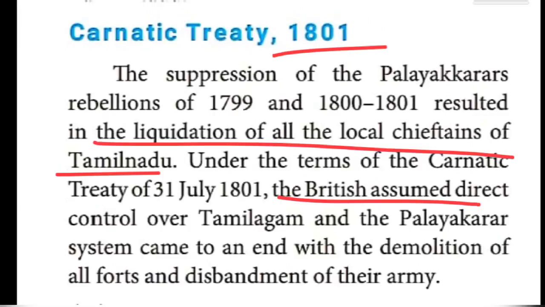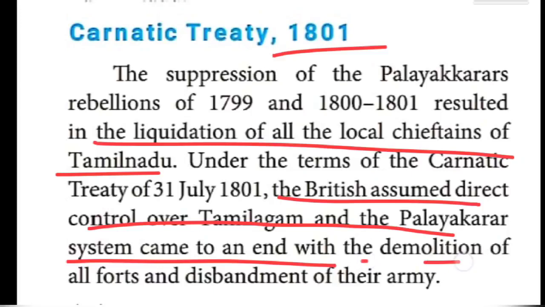The Carnatic Treaty; they got the right to rule over Tamilagam, and the Palayakara system came to an end with the demolition, meaning destruction, of all forts and disbandment of their army.